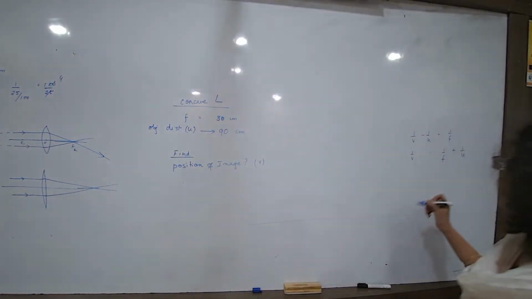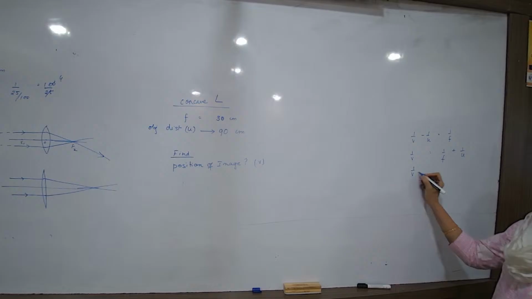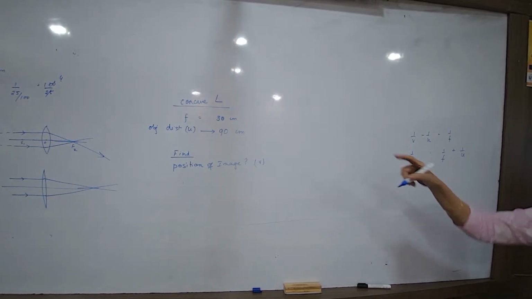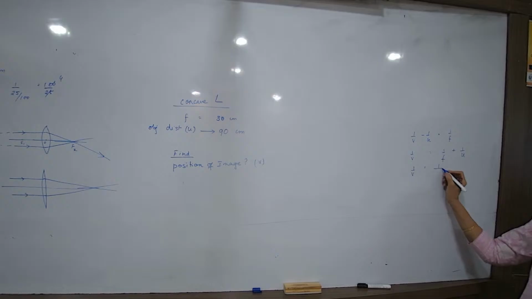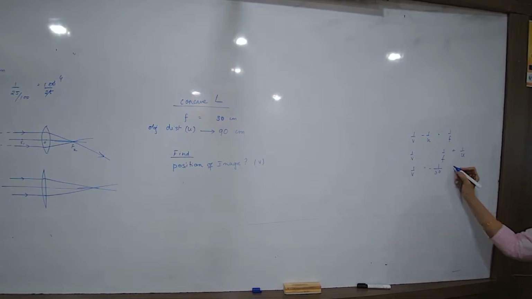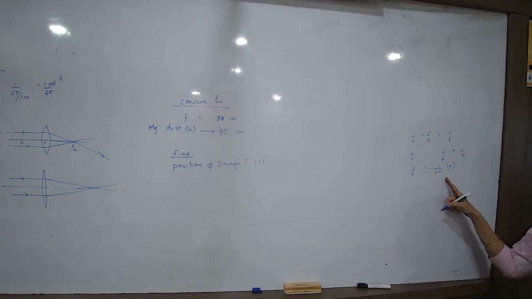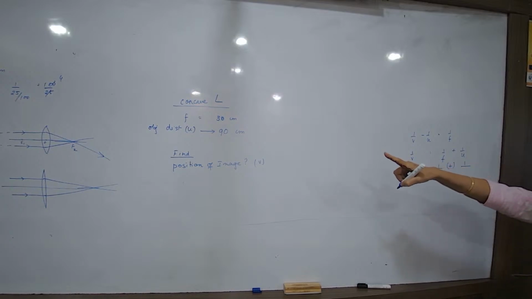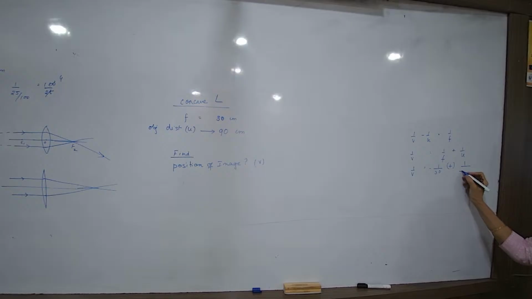See here, F is negative, so here it is minus. This is a positive sign, we should put it. What is U there? Minus 90. Did you put it as minus? This minus and this, what will it become?